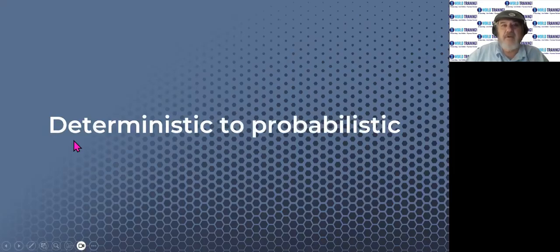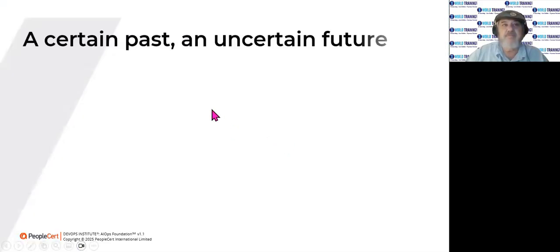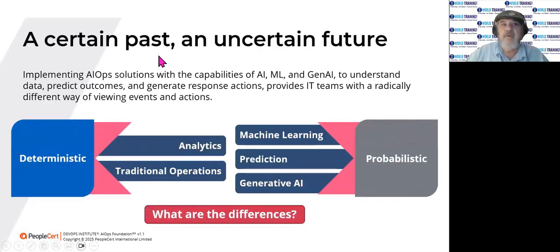Okay, let's talk about deterministic to probabilistic approaches. Certain past, uncertain future is the title, but basically it's the idea of considering what is deterministic and what is probabilistic.